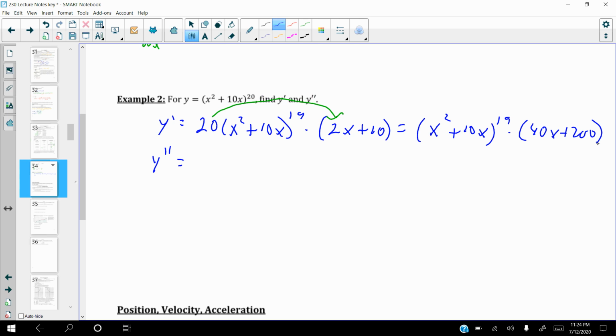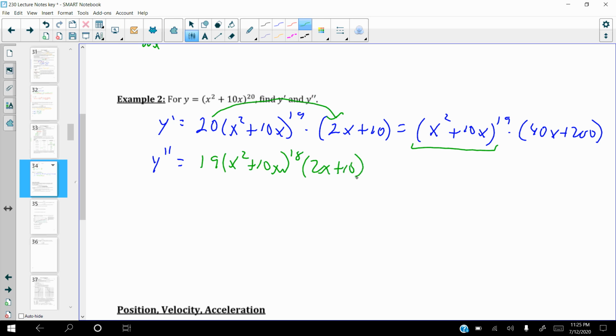So it is going to be a product rule, but within that product rule, this piece right here is going to be a chain rule. So let's do that. The derivative of the first term, which is the one I just underlined, is going to be a chain rule. 19, keep the inside the same, reduce the power by 1, complete the chain rule, so that's the derivative of the inside, which is 2x plus 10.